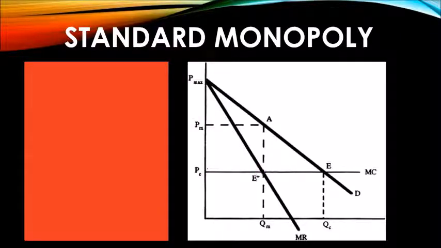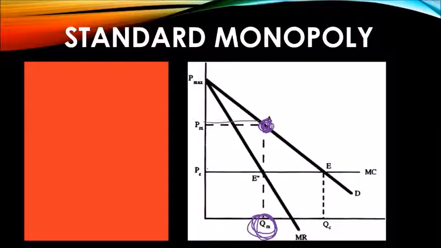Then what we say is at this quantity, this is our monopoly quantity, we now can say with that quantity, how much can we charge given the willingness to pay of consumers within this market. We can find that point at that quantity where it hits our demand curve. So that will tell us the willingness to pay for that quantity of output given the market preferences of this situation.